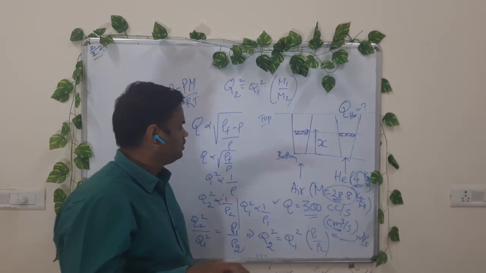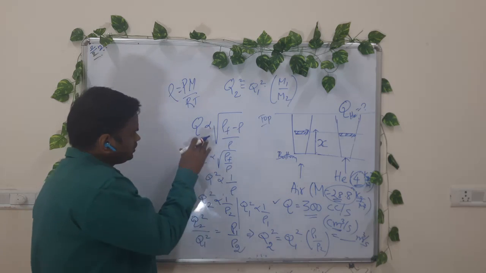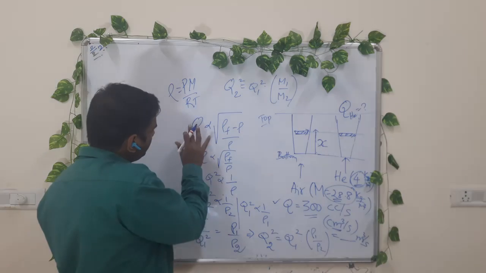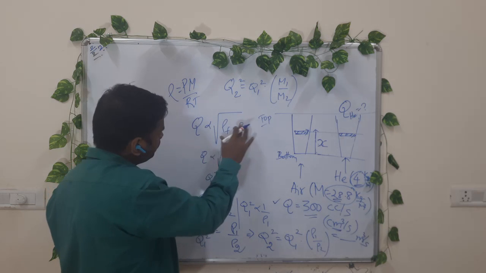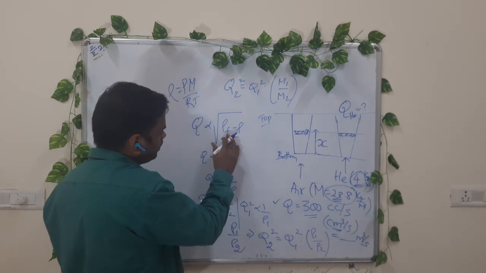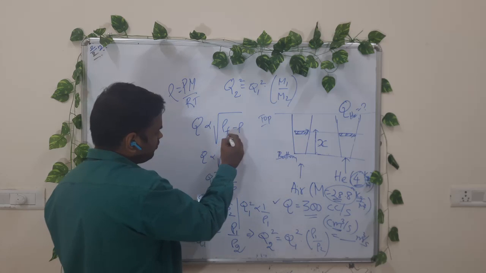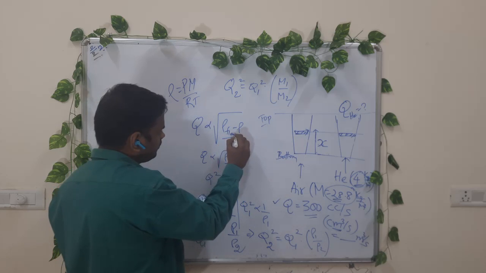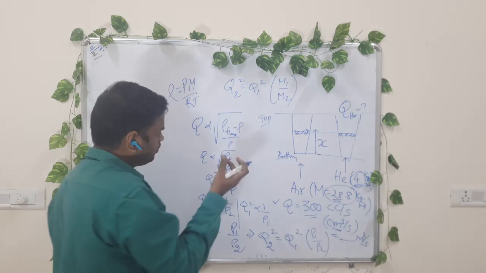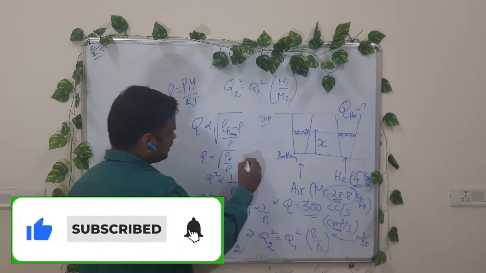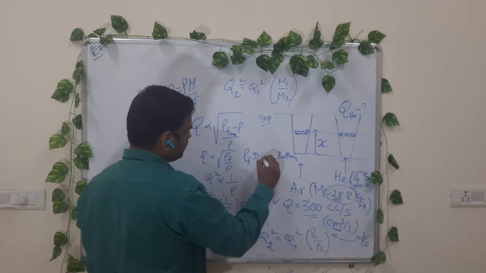All of you. So here what we should know is, from the Vmax equation and Q actual, Q is proportional to square root of rho F minus rho by rho, and when the fluid is a gas, the F here refers to float. Density of the float is a solid material and this is gas, so rho F is very much greater than rho.